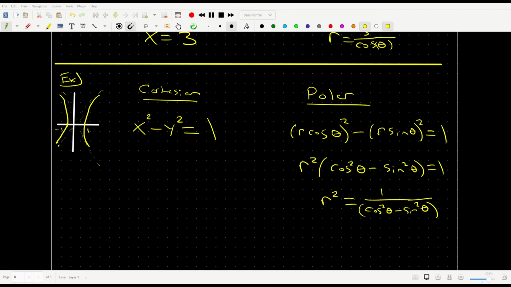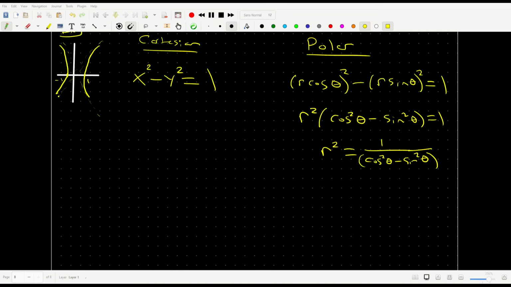And the alternate form of cosine squared theta minus sine squared theta from the half angle identity is cosine of 2 theta, so this is 1 over cosine of 2 theta.